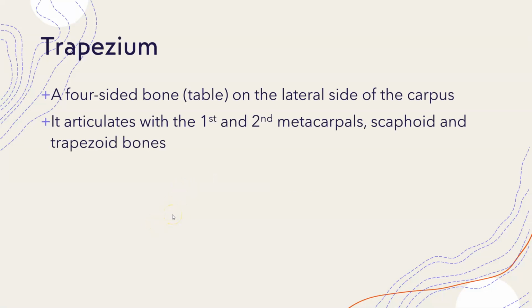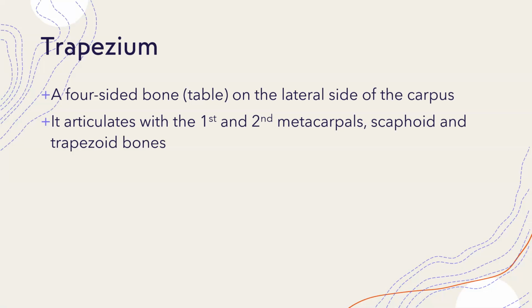Our distal row, again, from lateral to medial. Our first bone laterally, being the distal row, is closest to the metacarpals of the hand. So it's getting farther away from the forearm, closer to the bones that make up most of the hand and the digits. The trapezium is named accordingly because it's considered a four-sided bone, or a table, on the lateral side of the carpus.